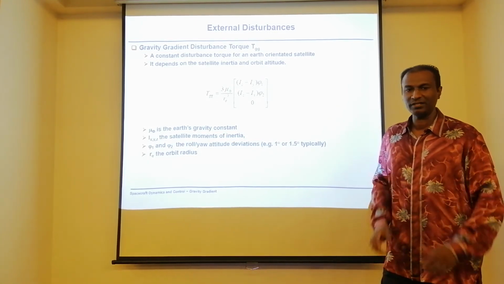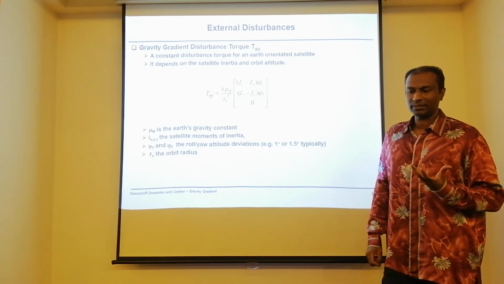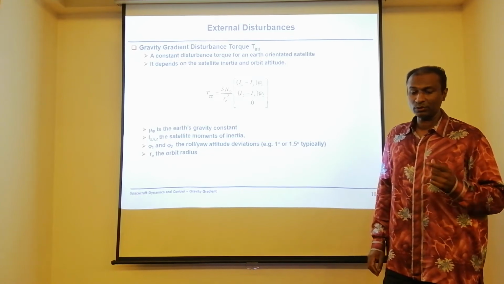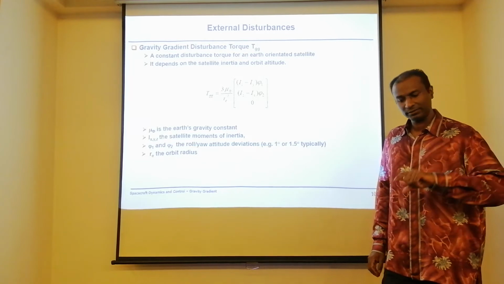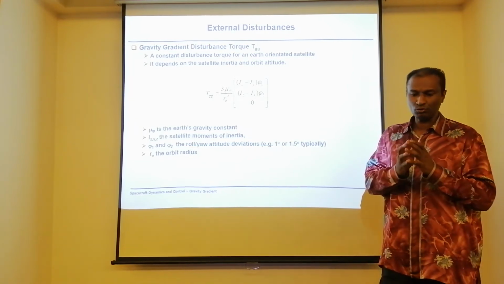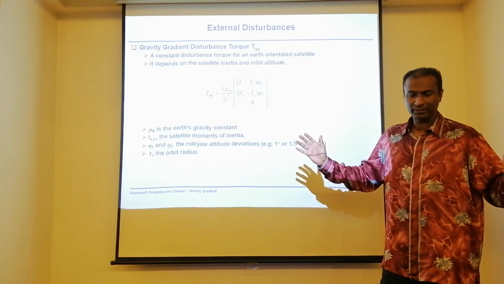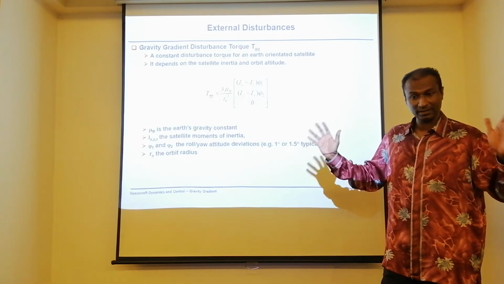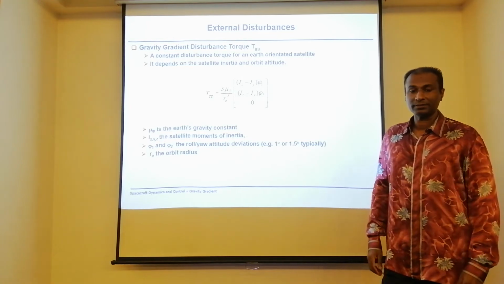Now, talking about all this, we know that we can use the gravity gradient to even stabilize the satellite. But at the end of the day, if we don't calculate the inertia correctly, and don't do the characteristic equation and evaluate inertia Ix, Iy, Iz correctly, then we will be in an unstable region.